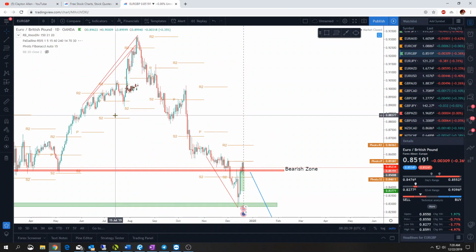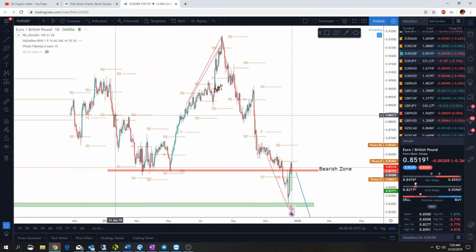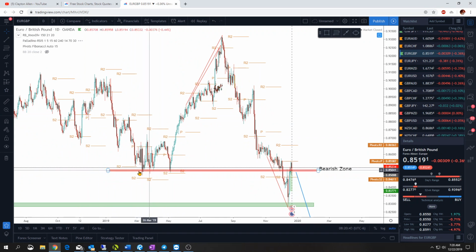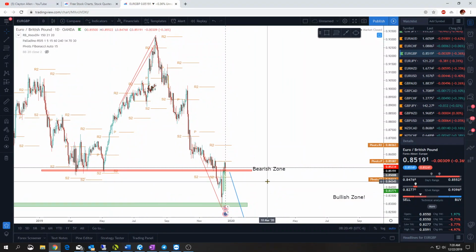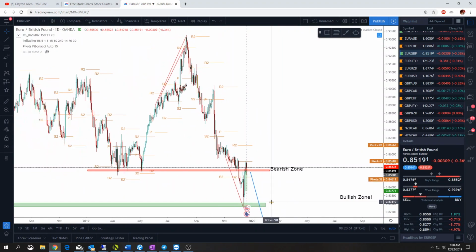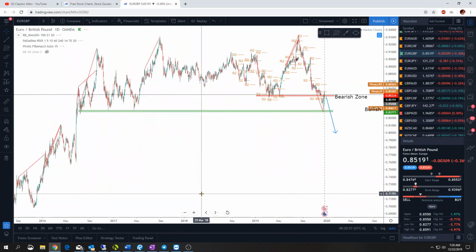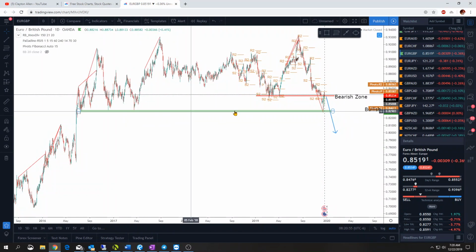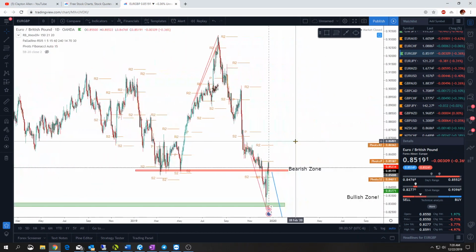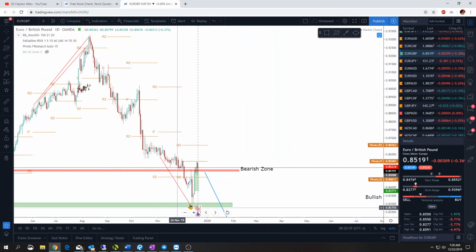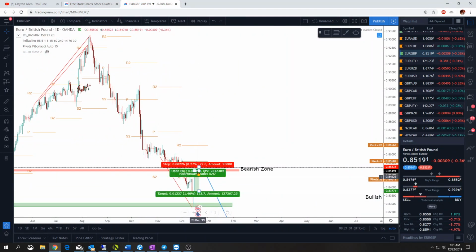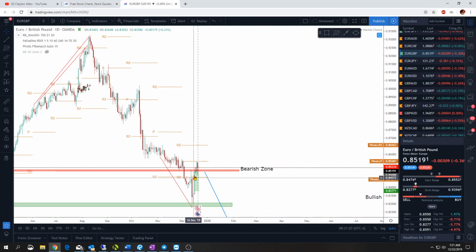Okay, EURGBP. All right, so we were identifying this as support. It broke it. It now became resistance. And then if I zoom way out, you can see we found our new support line, and we actually took a buy trade down here, made some good money all the way up.